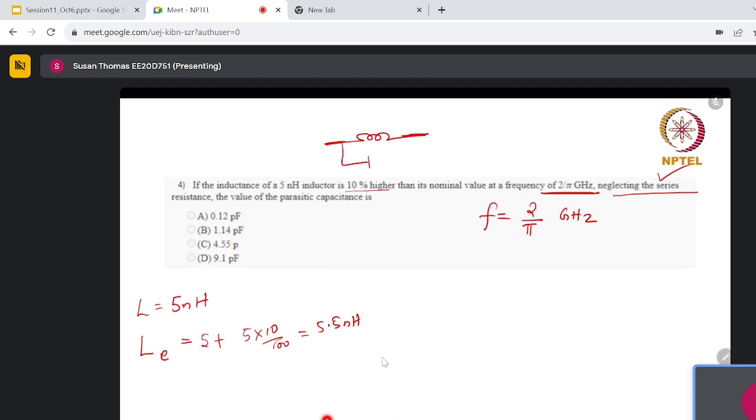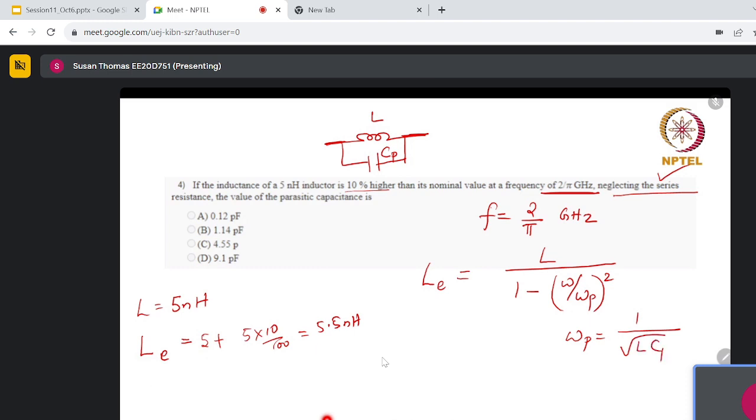The idea here is you have a circuit with L and CP. In the video lectures, you have come across this: the effective inductance is L divided by 1 minus omega by omega p the whole square, where omega is the operating frequency and omega p is 1 by root of LCP, the resonance frequency. From this, what we need to calculate is the parasitic capacitance, CP. Can we calculate that?